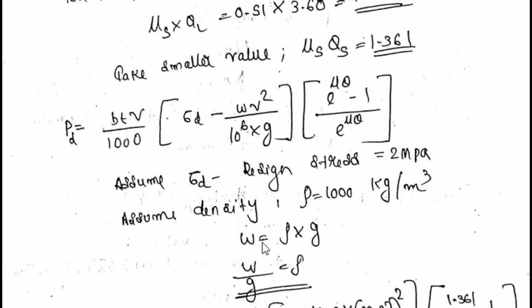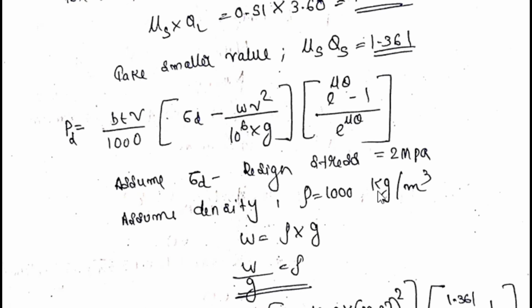Speaking of that, you should know this equation: the weight W is equal to rho g, so I can rearrange rho as W by g. As you can see, this equation already has W by g, so this W by g can be replaced by rho, that means the density of the flat belt. Assuming it to be leather, that will be 1000 kilogram per meter cube.